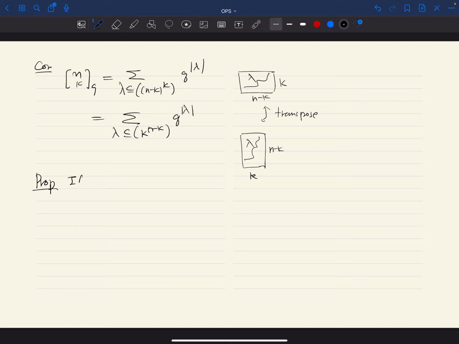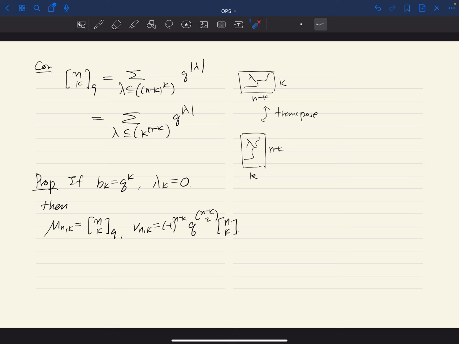If b_k equals q to the k and lambda_k equals 0, then mu n,k equals the q-binomial n,k, and nu n,k is this. So these two as matrices are inverses of each other. Okay, so proof.